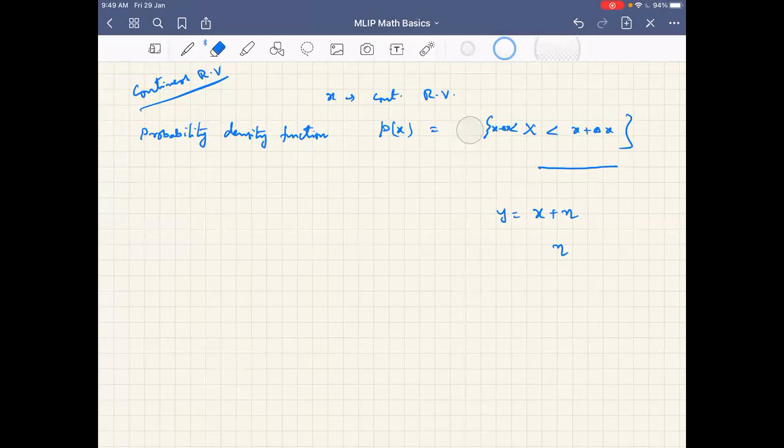This may not be purely with mathematical notations, so please excuse me for that, but the understanding has to be clear.